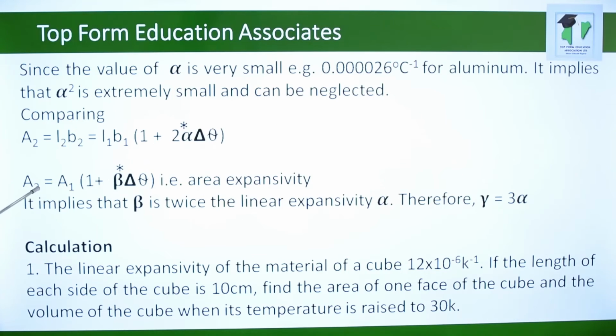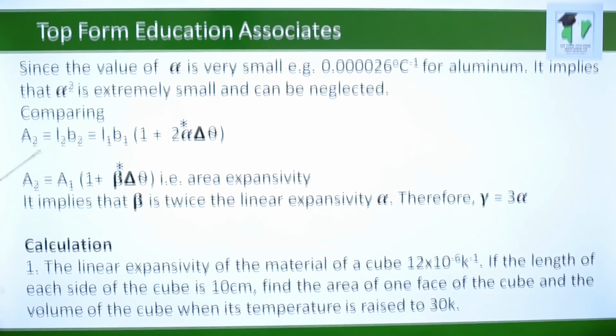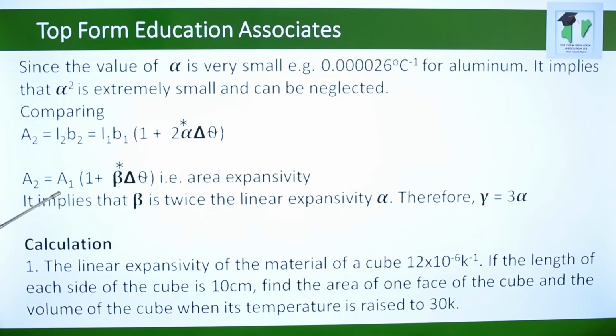Now we're going to compare it with what we have in our area expansivity. So we'll have A2 is equal to A1 into 1 plus beta change in theta. That is our normal area expansivity. So comparing it with this, this is A1 already.